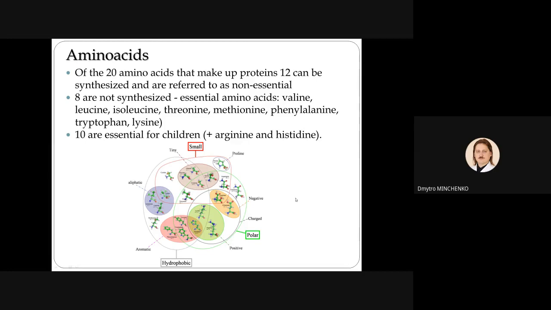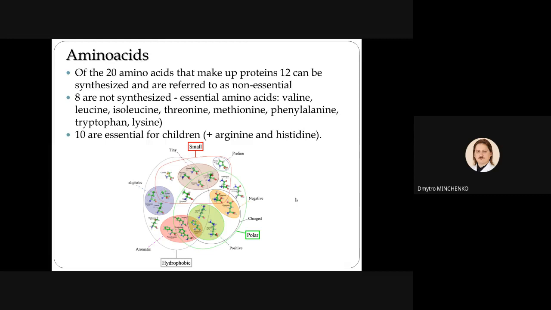Amino acids. Of the 20 amino acids that make up proteins, 12 can be synthesized and are referred to as non-essential. 8 are not synthesized in our body, and they're called essential amino acids, such as valine, leucine, isoleucine, threonine, methionine, phenylalanine, tryptophan, and lysine. 10 are essential for children.